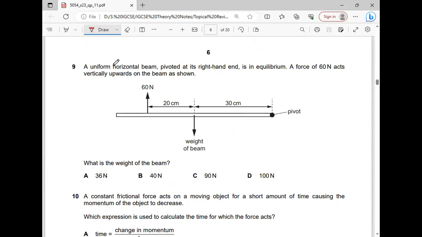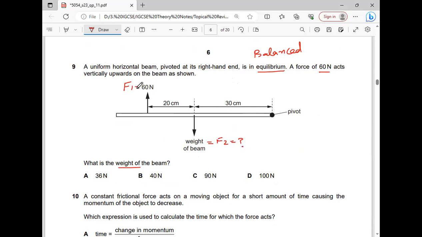Okay. A uniform horizontal beam pivoted at its right end is in equilibrium. It means it is balanced. A force of 60 Newton acts vertically upward on the beam as shown. What is the weight of the beam? Okay, we will make it F1. We will make it F2.